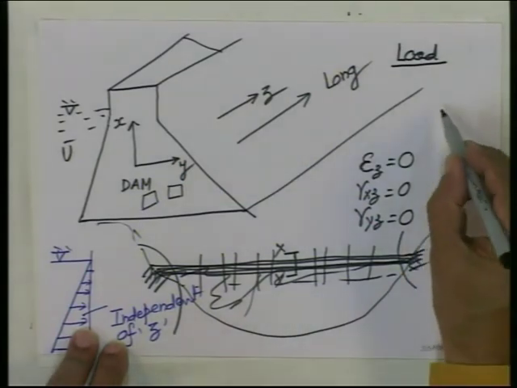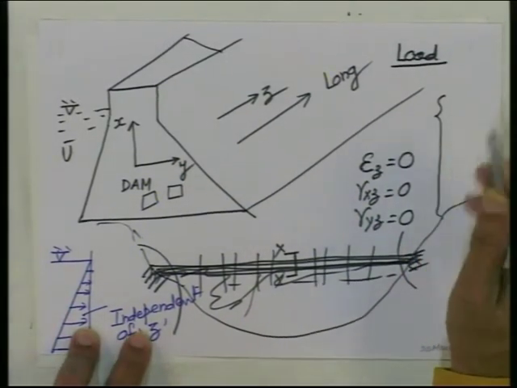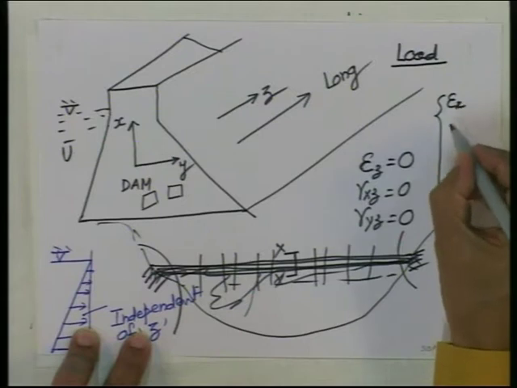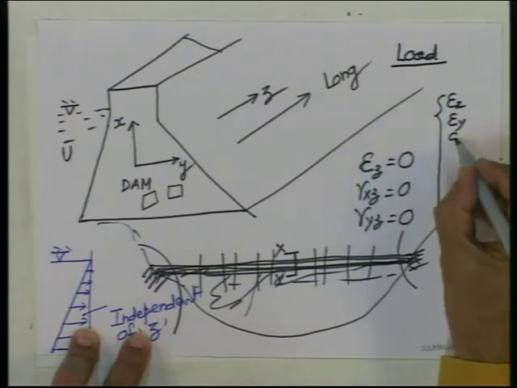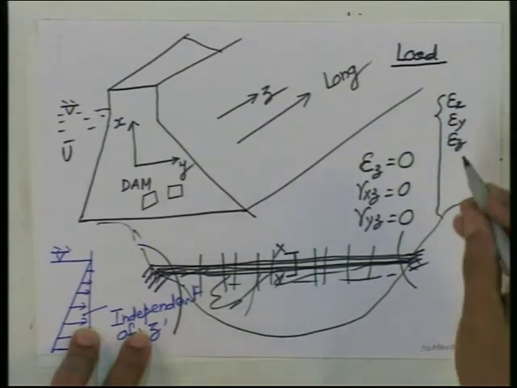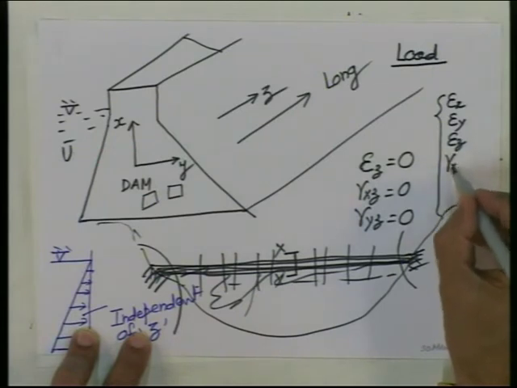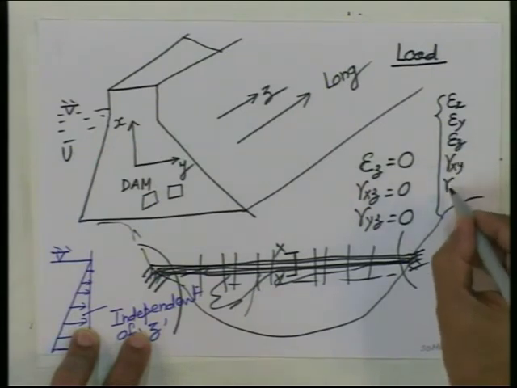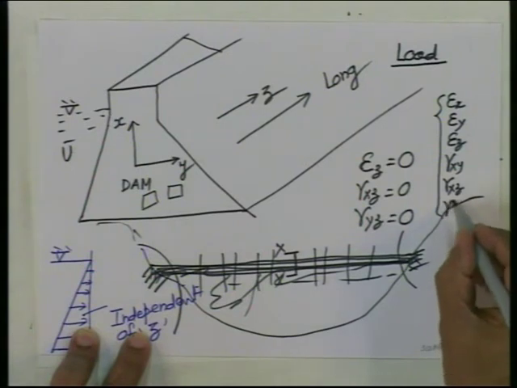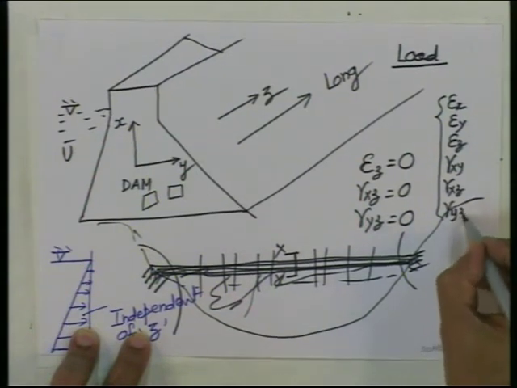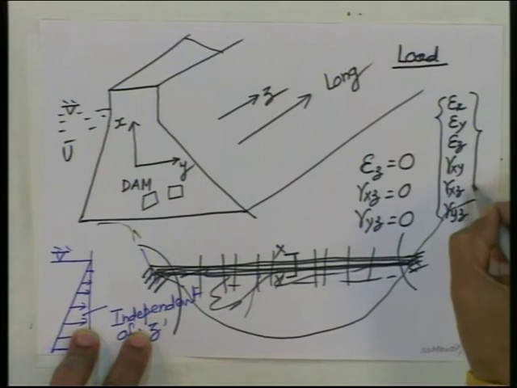Do not bring in the word stress while describing a plane strain situation. Always have the 6 components of strain here. This is the mistake you make. Although I emphasize every year, every course, when we see the presentation it is not so.